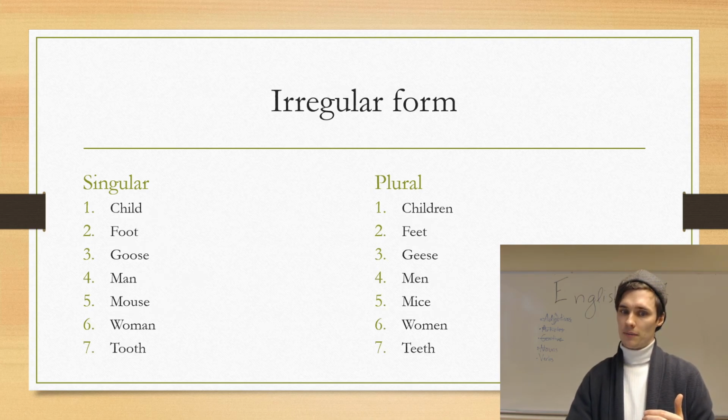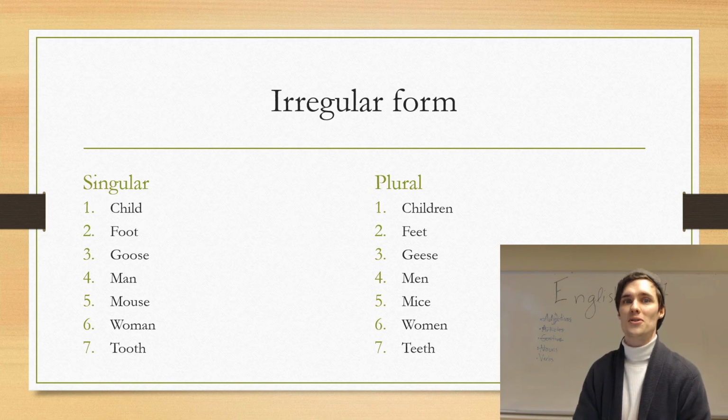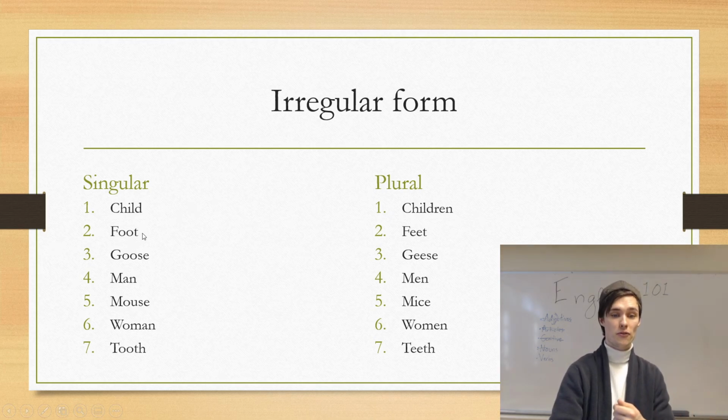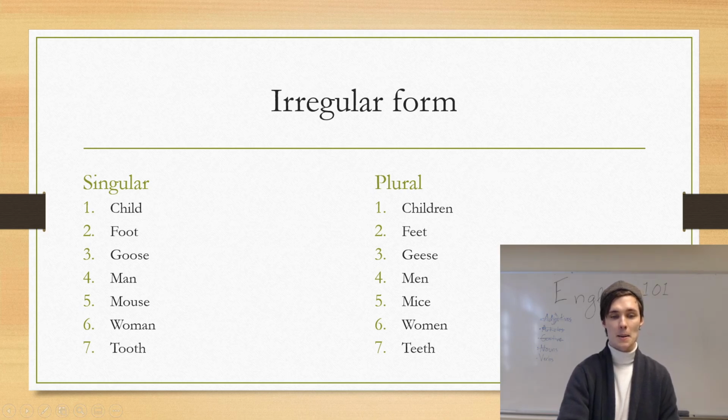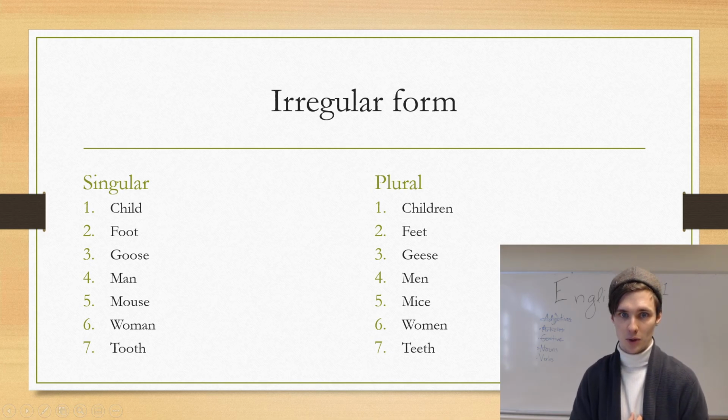But it gets a bit trickier. We can check the irregular form that doesn't follow said rules. So there are a lot of examples here. We have child, children, foot, feet, goose, geese, man, men, mouse, mice, woman, women, tooth, teeth. And so you just have to learn how they work.